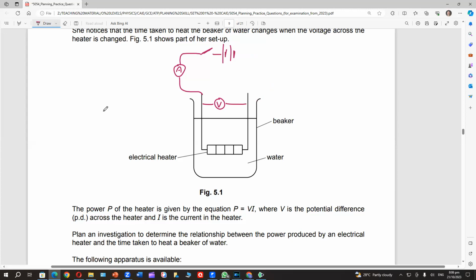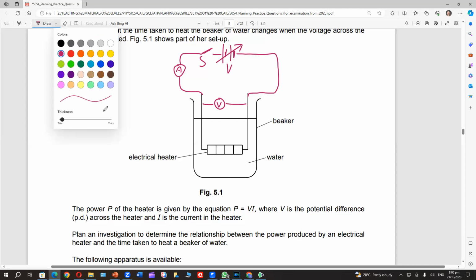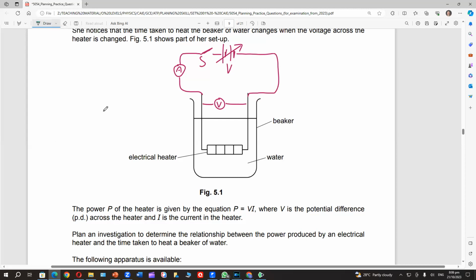Then this is the circuit, and I have to attach a thermometer held by a stand. You have to copy this. Let me know once you have copied it.